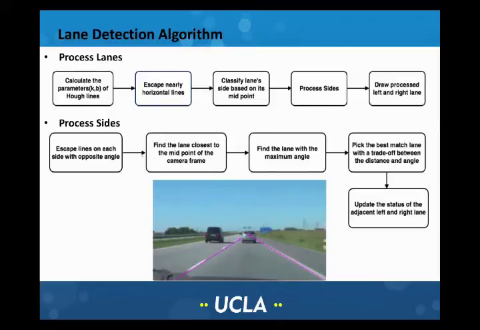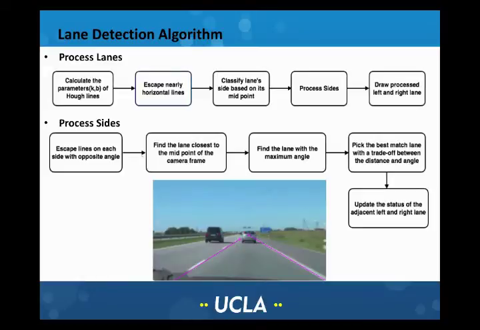Here is the flow chart of processing each side. Firstly, we skip lines on each side with the opposite angle, which means that they are in the wrong direction. For example, if it is the right lane, it cannot stand from the bottom left to the top right.